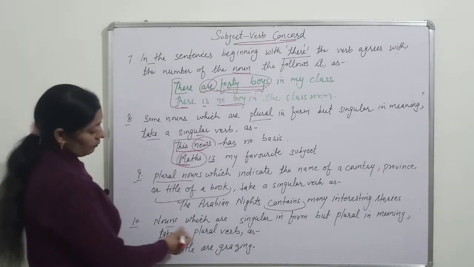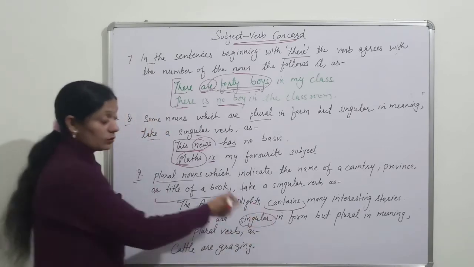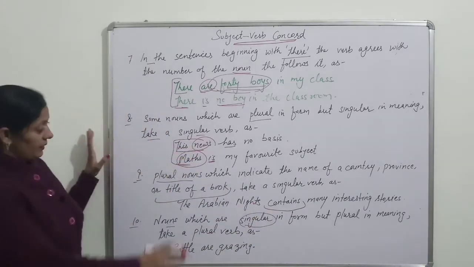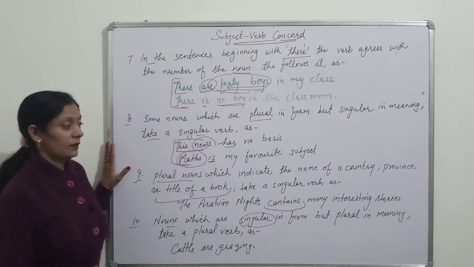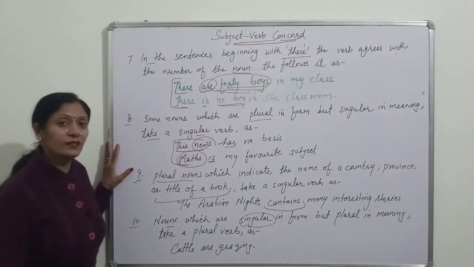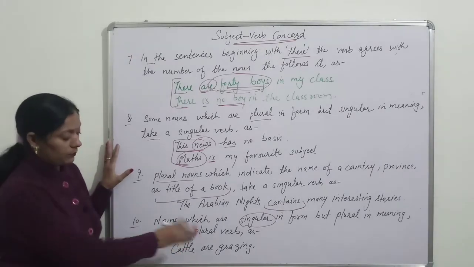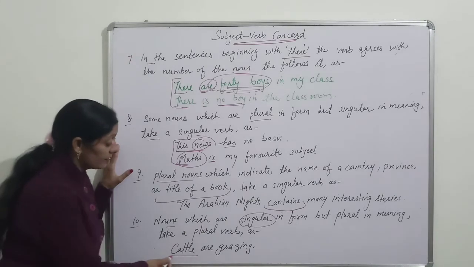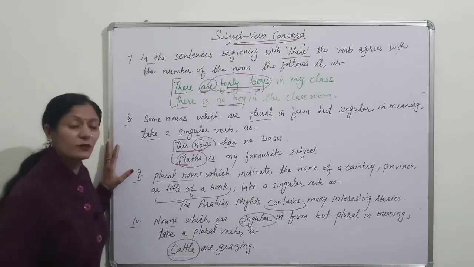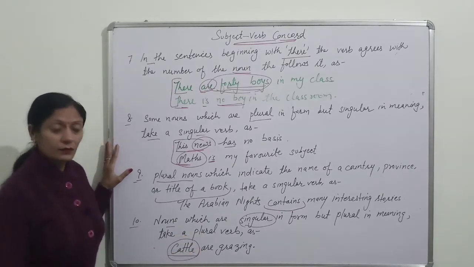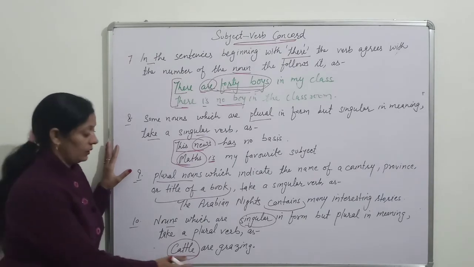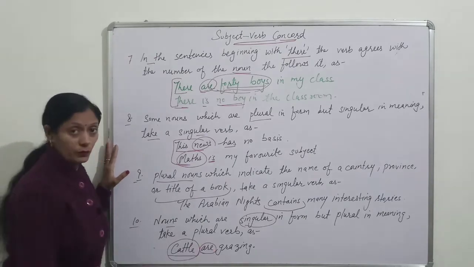Next one, nouns which are singular in form. Now this one is opposite to that. It seems singular but they are plural in meaning, so we use a plural verb. Cattle are grazing. Cattle, it seems singular, but it is a group of animals, so we are using a plural verb here.